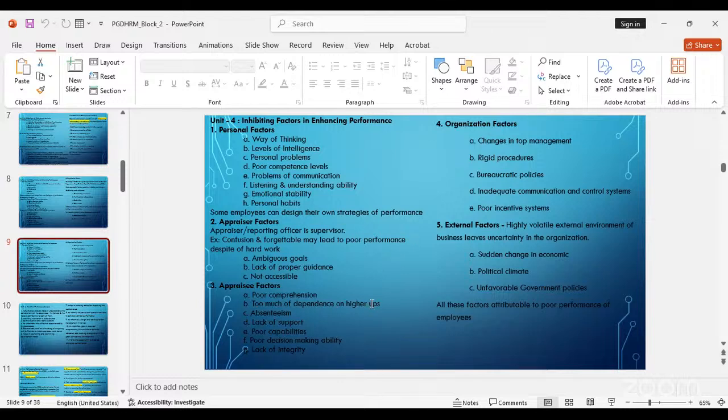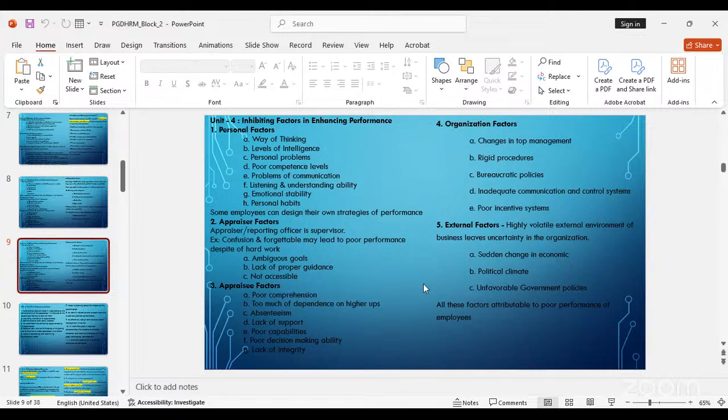From the organization point of view, change in top management, rigid processes, bureaucratic policies, inadequate communication and control systems, poor incentive system are the factors which will hinder performance of the employees. External factors: a highly volatile external environment of business leaves uncertainty in the organization.